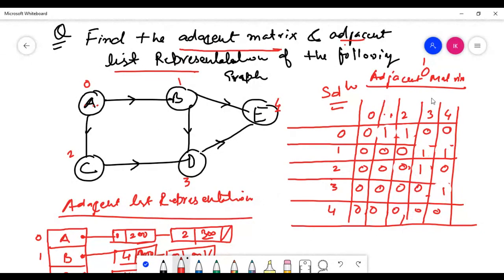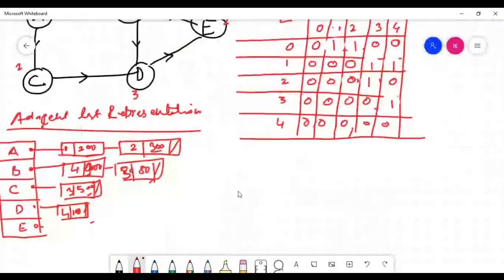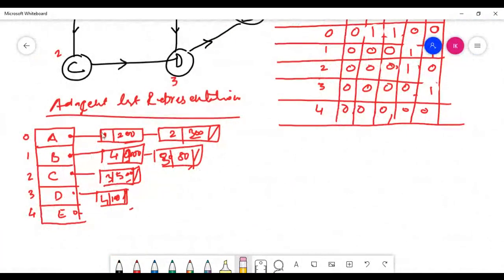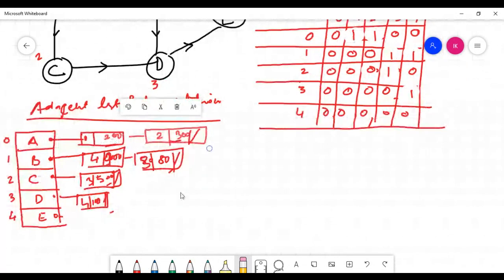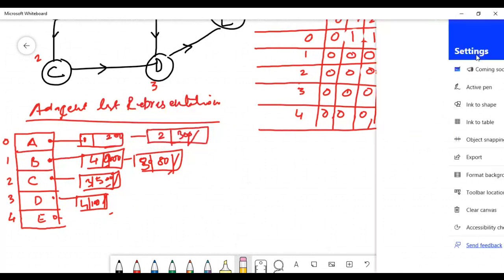And the same difference here. In this question, with the adjacency list, you just don't write the 200. Okay, let me remove this.